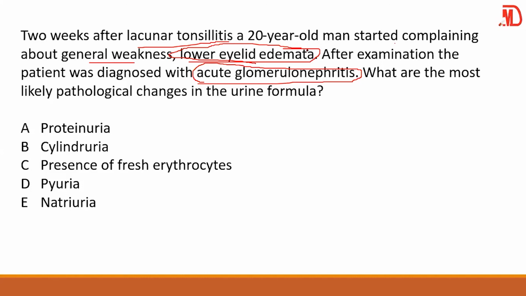Proteins. So the oncotic pressure has decreased. That's why there's edema formation. So you see, over here, what comes to mind? Proteins. So proteinuria. Proteins are being excreted. So there's hypoalbuminemia or hypoproteinemia. So your answer is what? Is A.